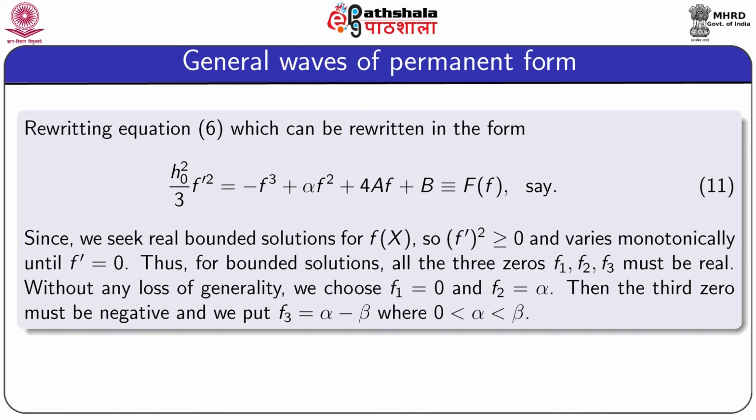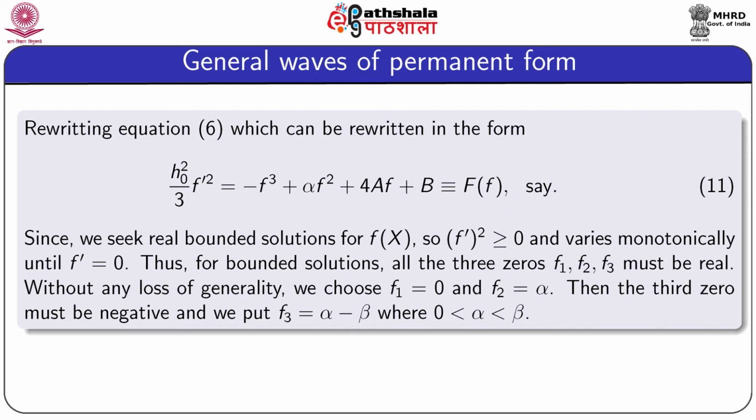For that, f dash square must be greater than or equal to 0, and it varies monotonically until f dash equals 0. You can see this is a cubic equation in f, so it has 3 roots. Since we are thinking about the real solution, these 3 roots must be real, and we are also interested in finding, as I have already told, the oscillatory solution which oscillates between 0 and alpha.